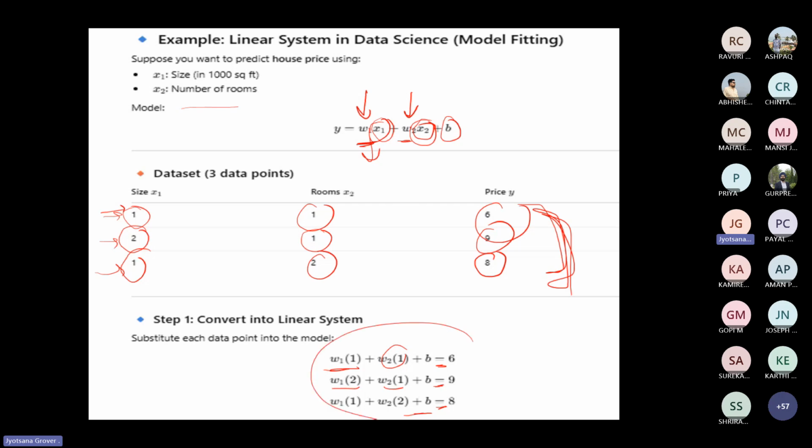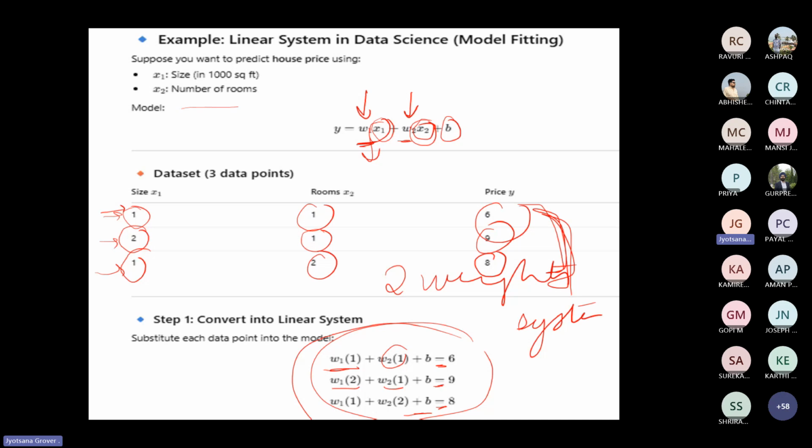So this problem you can solve using linear regression as well. But since the number of weights is very small, just 2 weights, and you are given 3 samples, you have 3 equations and 3 unknowns. So you can very well solve it using the system of linear equations.